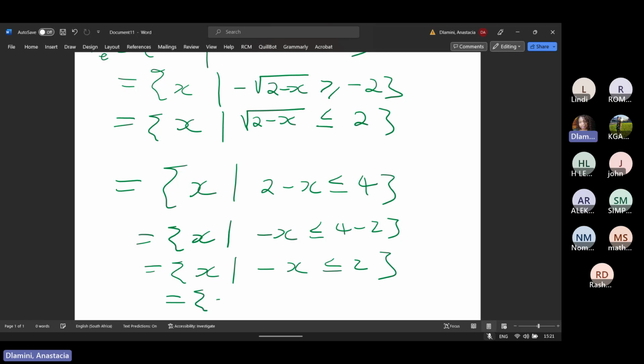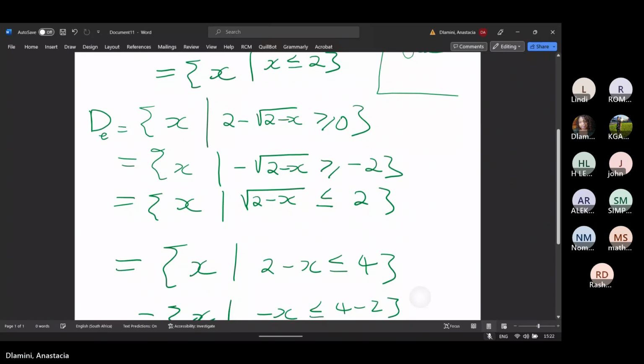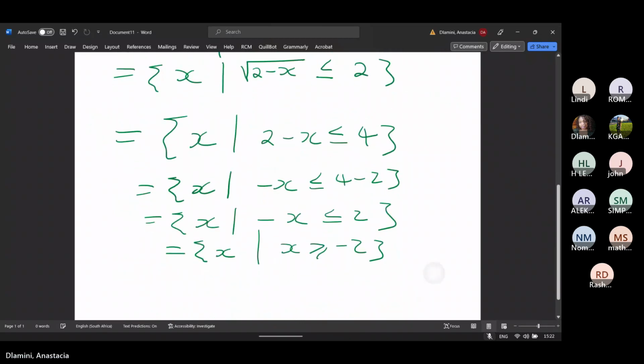So this is x such that this x is greater or equal to -2. Oh, man, it was going to be the same. Yes, I know it was going to be the same. I'm just saying that I wanted the division again. And I'm reminding you that if you multiply by -1, it's going to be the same.